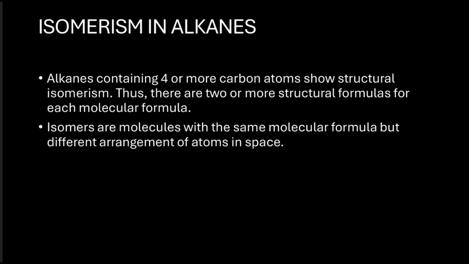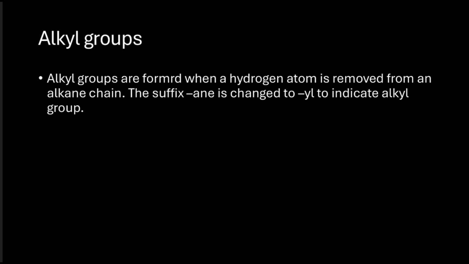Let's continue to alkyl groups. So we say alkyl groups are formed when a hydrogen atom is removed from an alkane chain. So the suffix "-ane" in an alkane is replaced by "-yl" to indicate an alkyl group.